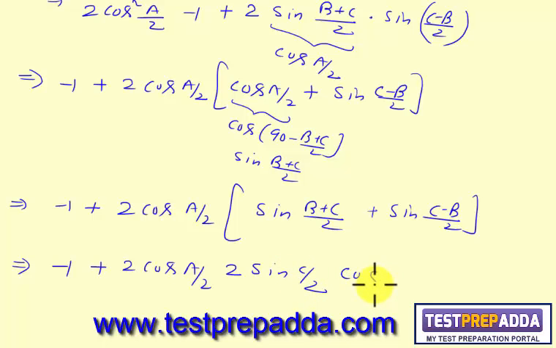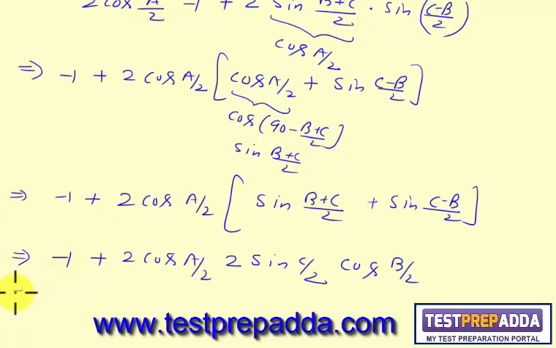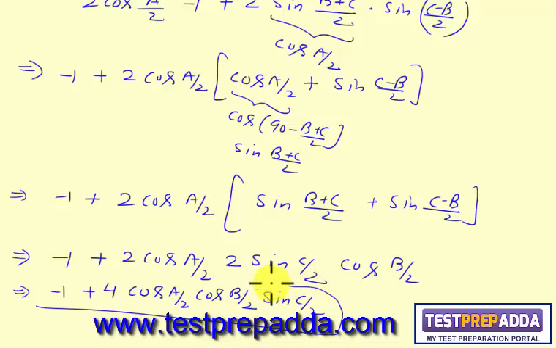Now cos of this minus this, that is (C minus B)/2 minus (B plus C)/2, so it becomes cos B by 2. So at the end the result comes minus 1 plus 4 cos A by 2 into cos B by 2 into sin C by 2. This is the result that we are getting at the end.